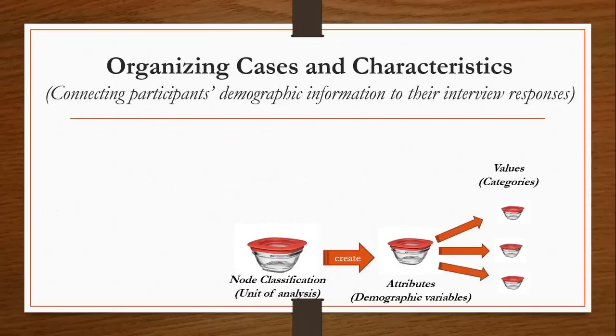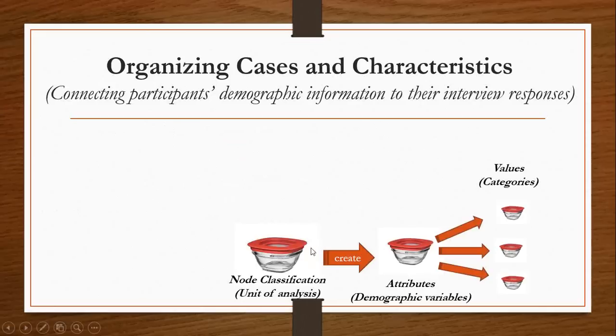In this case, we are only focusing on participants, so the case node classification will be called participant. You create one case node classification, which will be called participants, and then you add their attributes. Attributes are demographic information: age, gender, marital status, income.